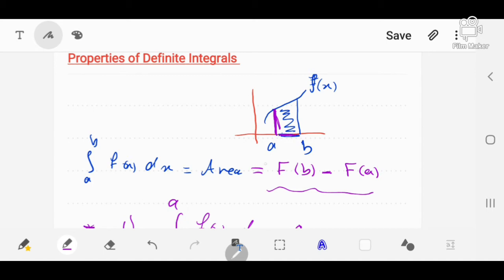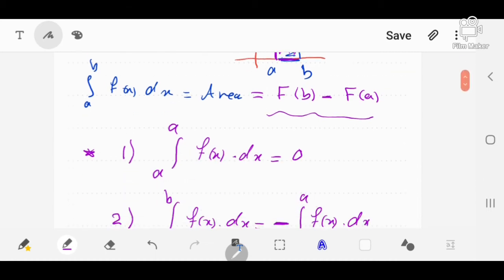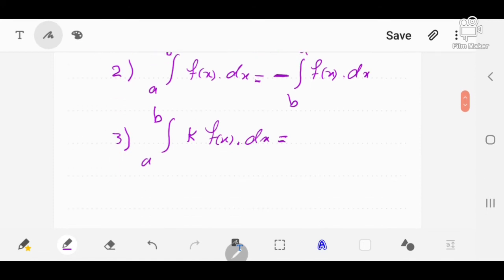It was by taking a limit of a number of rectangles. So integration is actually a limit. And what was the property of a limit when we have a constant times a function? It was taking the constant outside. So we can apply the same thing here. So this will be the constant times the integration from a to b of f of x dx. And keep in mind, this property works also for the indefinite integral. So even if you have boundaries like a and b, or if you don't have, you can still take the constant outside the integration.